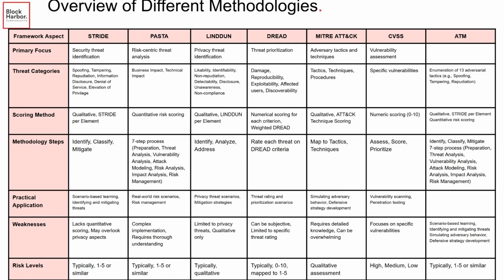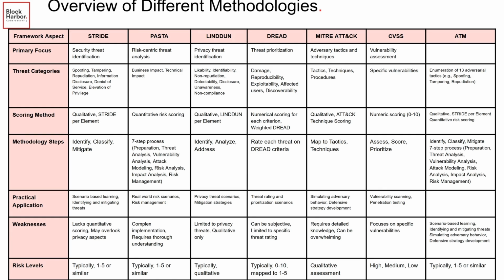STRIDE is a qualitative framework used for security threat identification. It categorizes threats into 6 types: spoofing, tampering, repudiation, information disclosure, denial of service, and elevation of privilege. The scoring method in STRIDE is qualitative, analyzing each element based on its threat type.